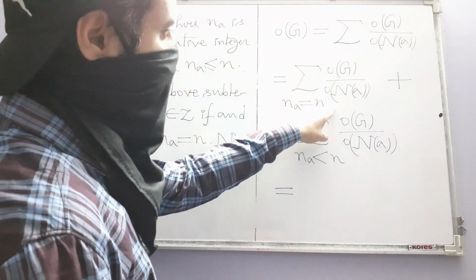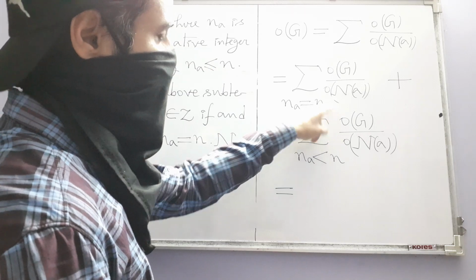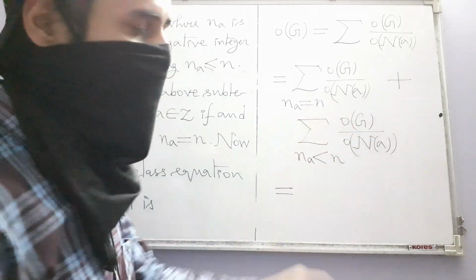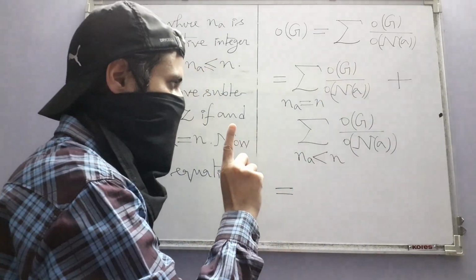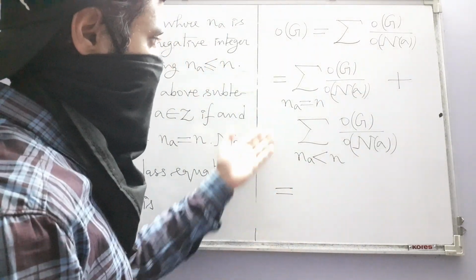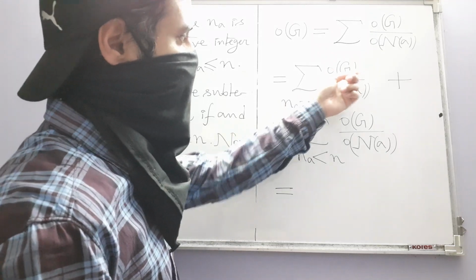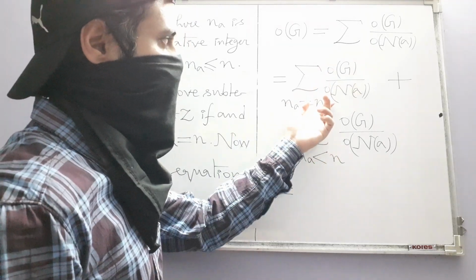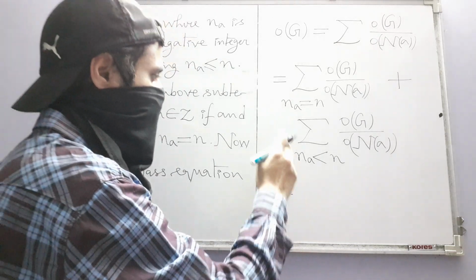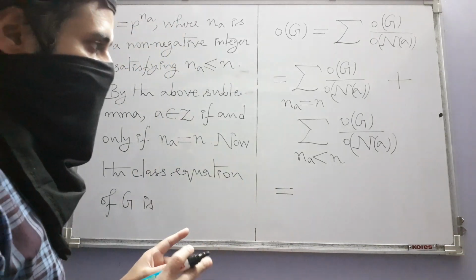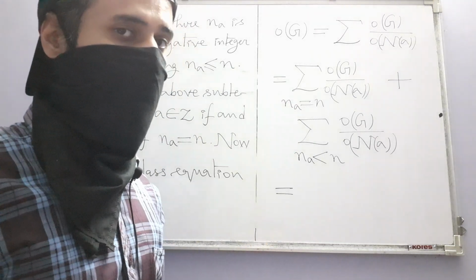Now for the terms in this first sum, each such quotient is going to be 1. Why? Because when this happens, the numerator is p to the power n and the denominator is p to the power NA. They are equal, so they cancel out and we are left with 1. But the question is, how many 1s are we going to get?